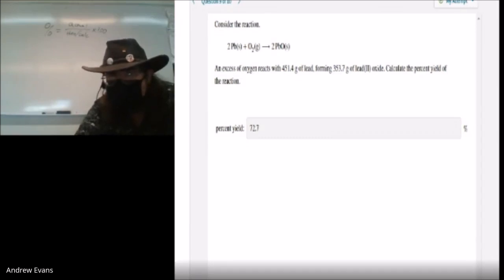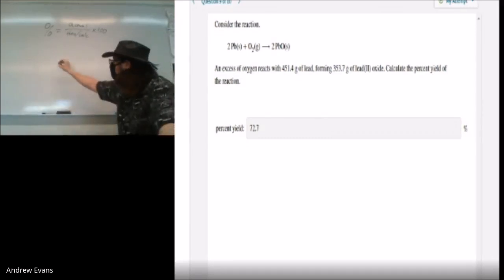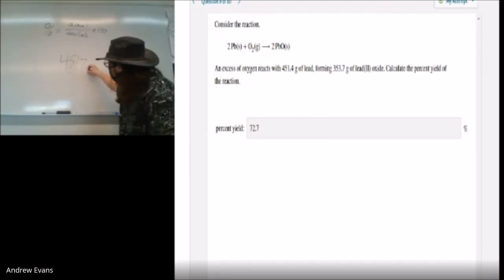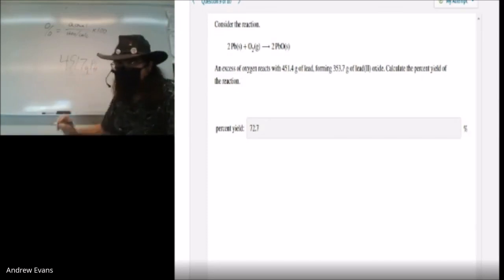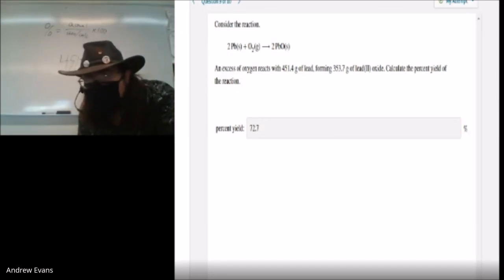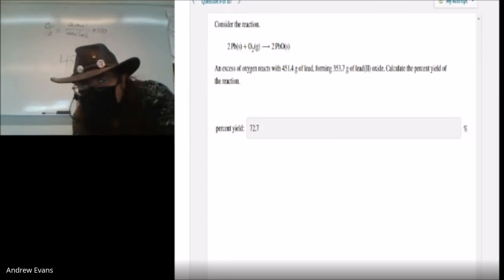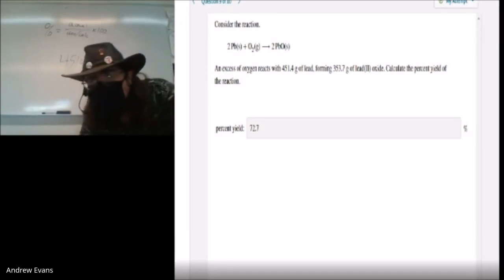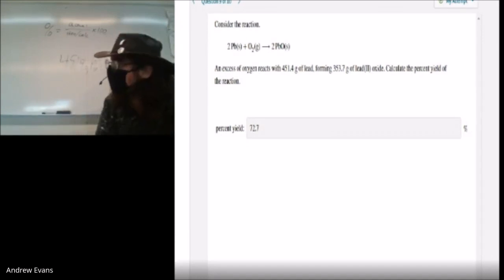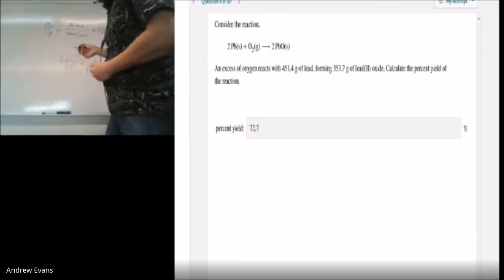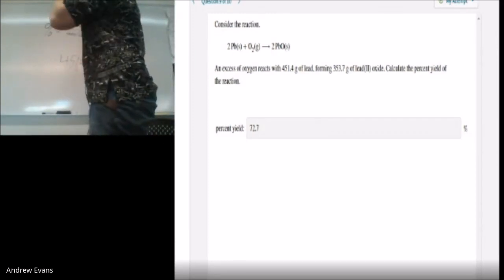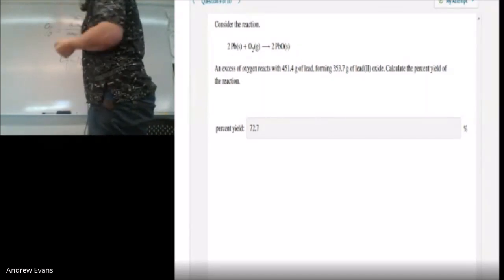They've given us the amount of lead, 451.4 grams of lead, and they've given us 353.7 grams of lead oxide.